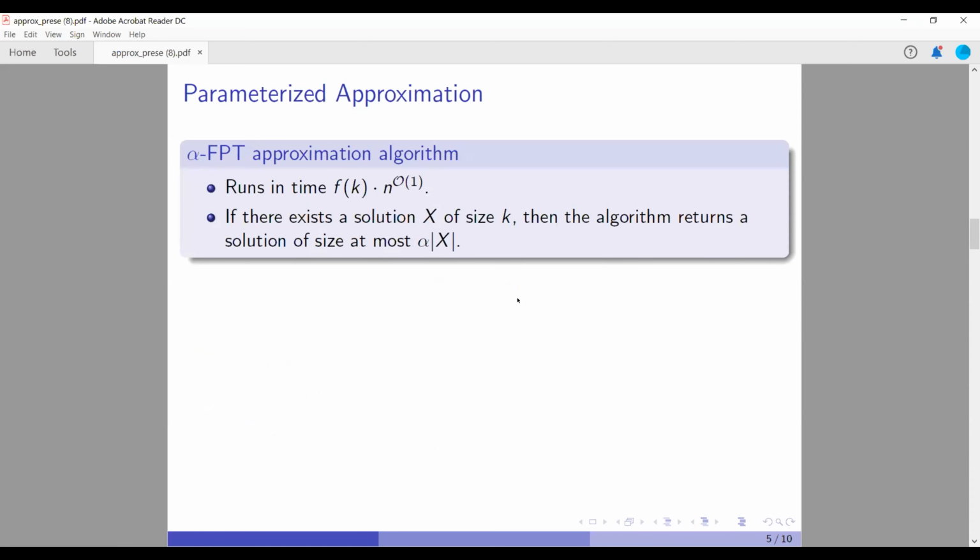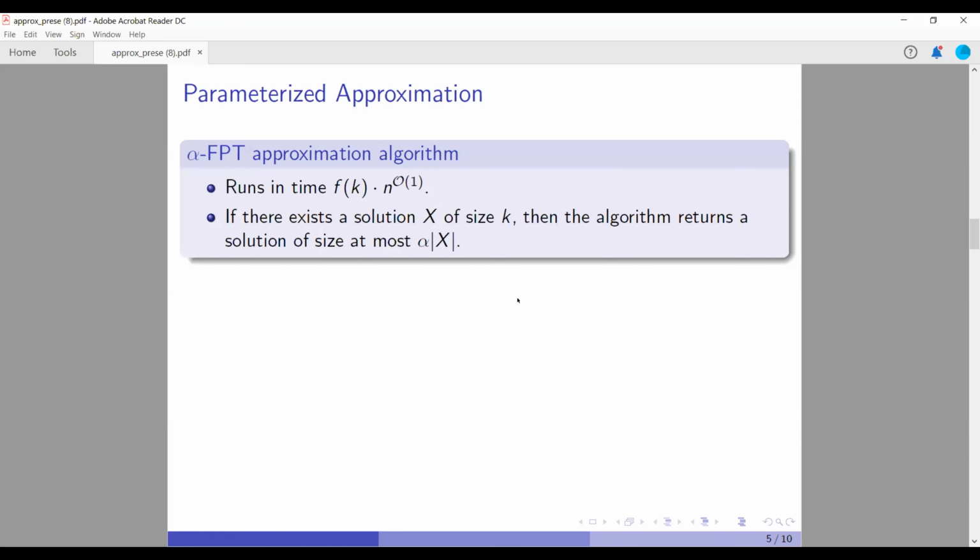This algorithm runs in time f of k times some polynomial in n, where n is the size of the input instance. If there is a solution of size k to the problem, then we must return an alpha-approximate solution. Note that if the minimum solution is greater than k, then the algorithm can fail.